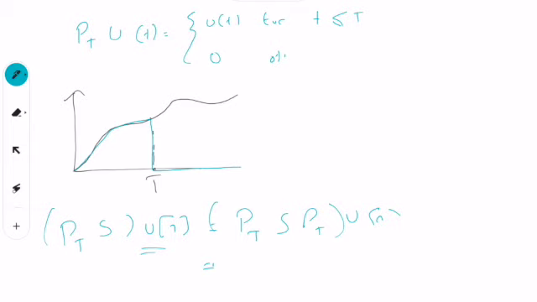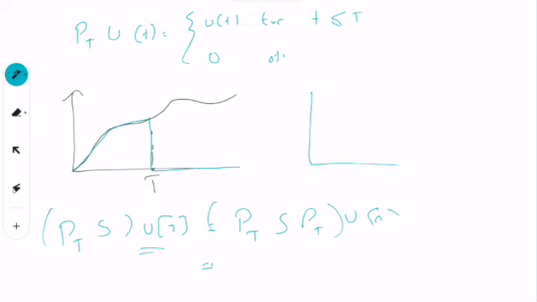Let's show a more concrete example. My system is an integrator. We know what integrators do, right? So it is clear.